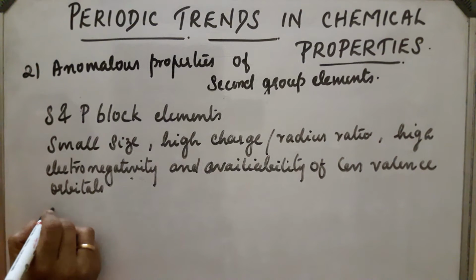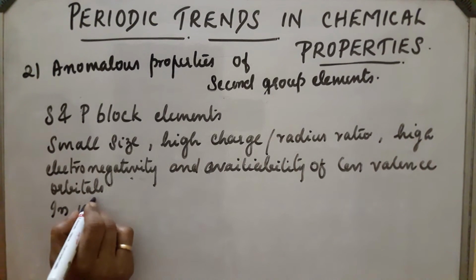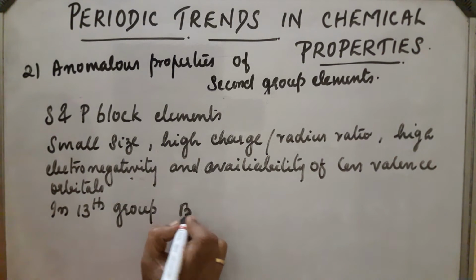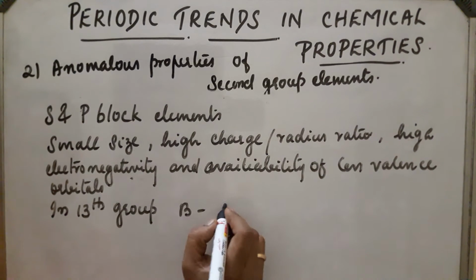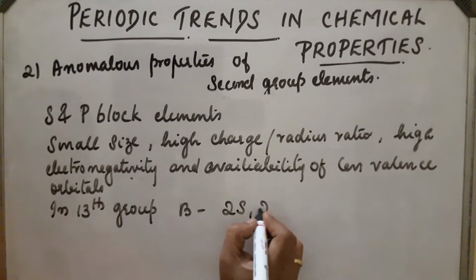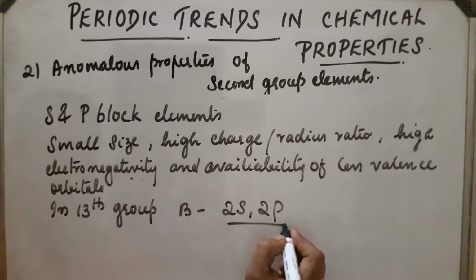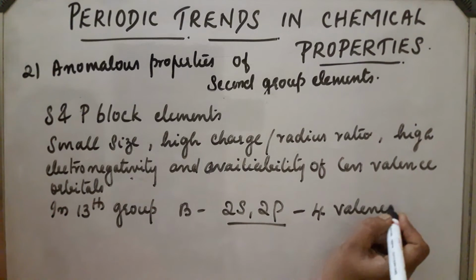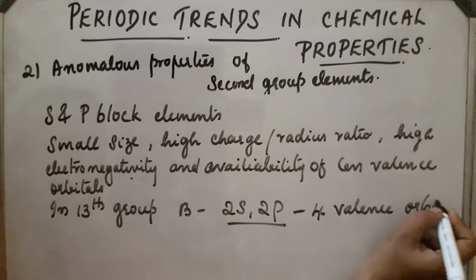For example, in the 13th group, boron is the first element. In this case, 2s and 2p: 2p contains 3 orbitals and 2s 1 orbital, so only 4 valence orbitals are available for bonding.